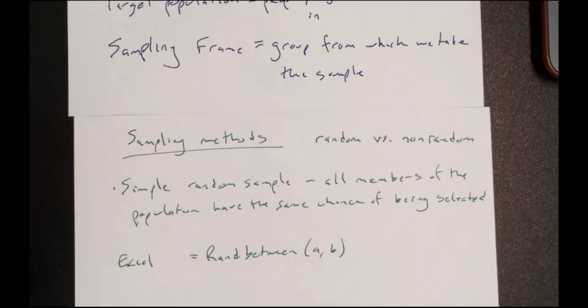What's interesting is that the method by which Excel generates random numbers isn't all that random. It turns out that way back in the 50s, the Rand Corporation, a statistical analysis company, created a physical book called Random Number Tables.